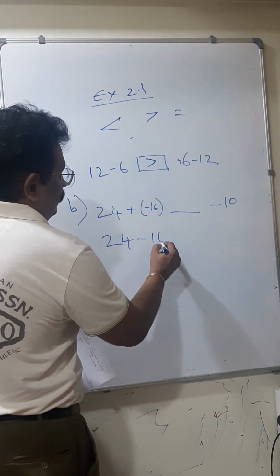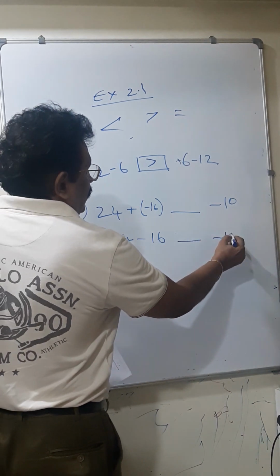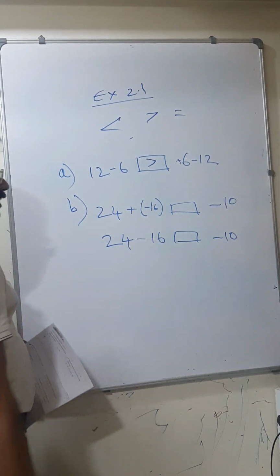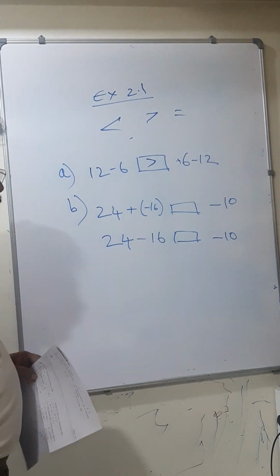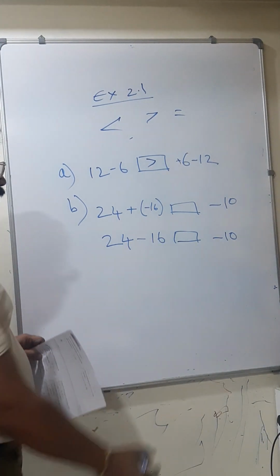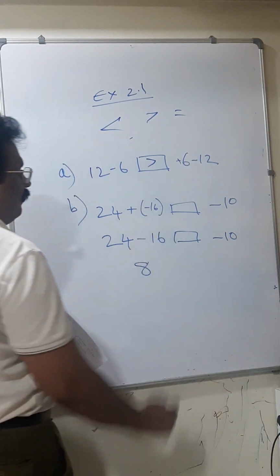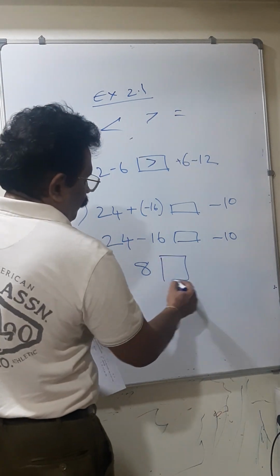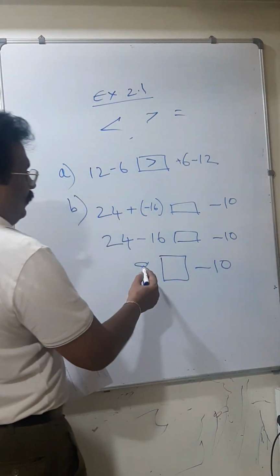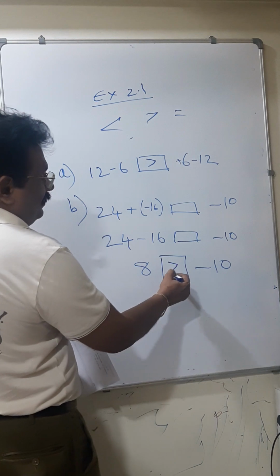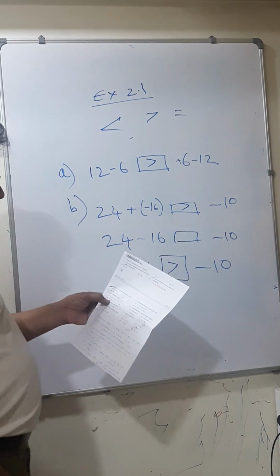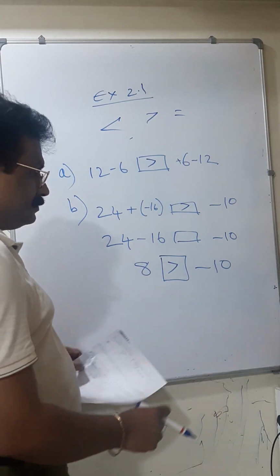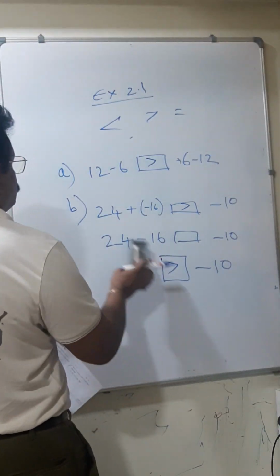So it is 24 minus 16 dash minus 10. 24 minus 16 is how much? 8 2s are 16, 8 3s are 24. So it is 8. Minus 10. So this answer is 8 is greater than minus 10. Okay? Now next one, C.